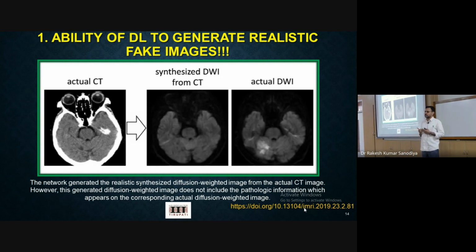But unless we understand the physical principles of whether we could get from this to the other, does the CT imaging have all the information associated with diffusion weighted imaging? If that is the case, then I could attempt that. If it is just a transformation that the network needs to learn, that's one thing.